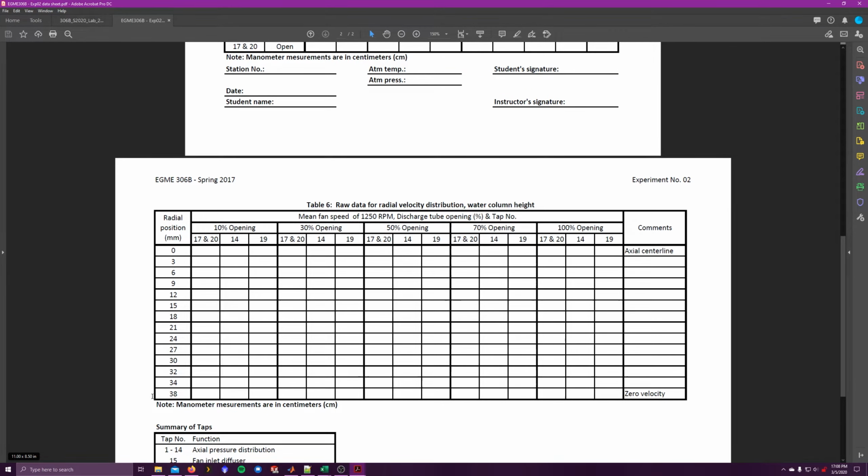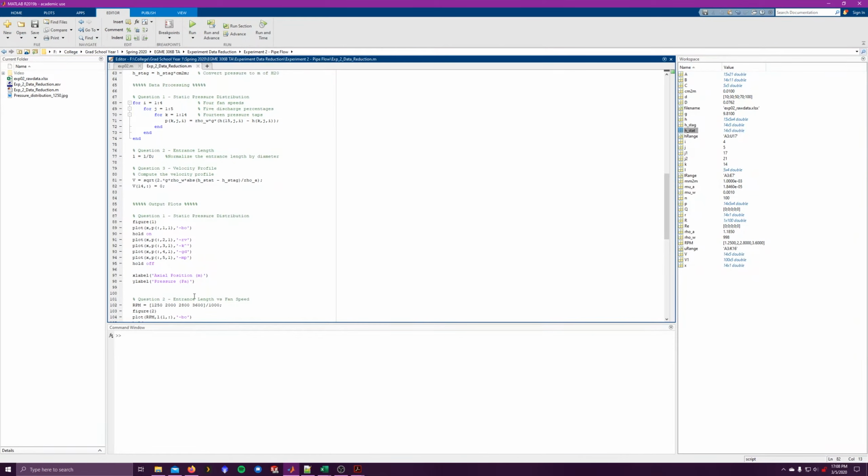I'm saying that's 0 meters per second. Because really, we want to pretend that we had the pitot tube against that boundary wall, and in that case, that velocity would have the no-slip condition, and it would be 0. We didn't actually put the pitot tube against the wall because we didn't want to damage it. But we're pretending in Matlab that we did have it against the wall, so it should be 0.